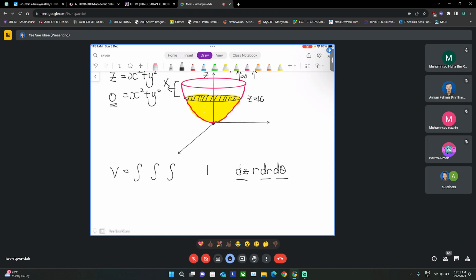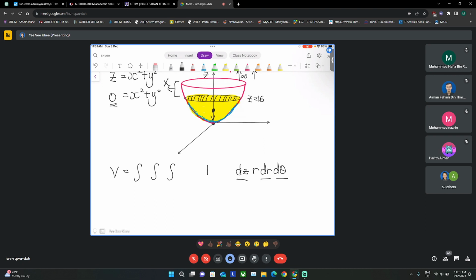When you want to define the dz, you have to put yourself inside. Imagine you are sitting inside. When you look down, basically you can see this part. You can see this paraboloid. The base is covered by the paraboloid.